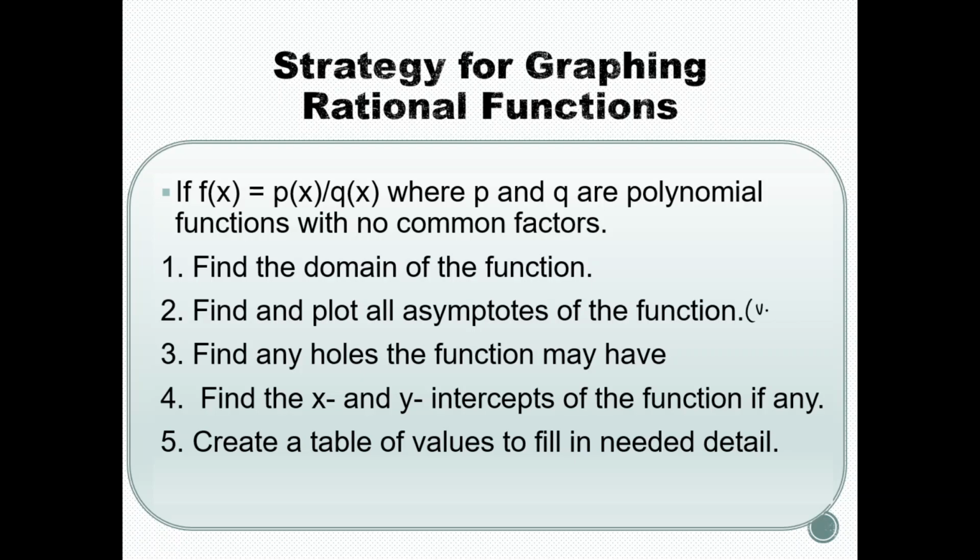Okay, so vertical, horizontal, and our slant, and we'll talk about those in a minute. We want to find holes if there are any, and we'll talk about that. Find the intercepts, and then create a table to fill in the detail. Okay, so domain, asymptotes, holes, intercepts, and then fill in the detail as needed.